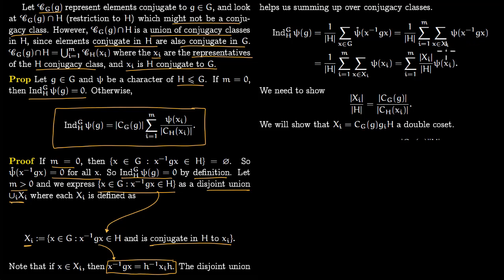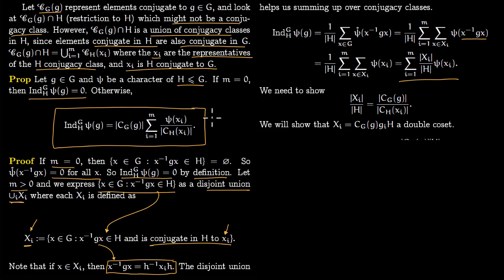For x in X_i, these x inverse g x are all conjugate to x_i. Psi is a class function, so it is the same over X_i, because all these elements are conjugate in H to x_i. So it becomes psi of x_i, and summing over i, for every x_i you get the size of the set X_i times psi of x_i. Up to this point it is clear, just because of the construction of the disjoint classes and because we know psi is a class function. Nothing much has been done.